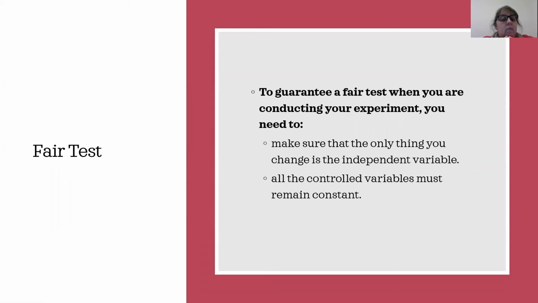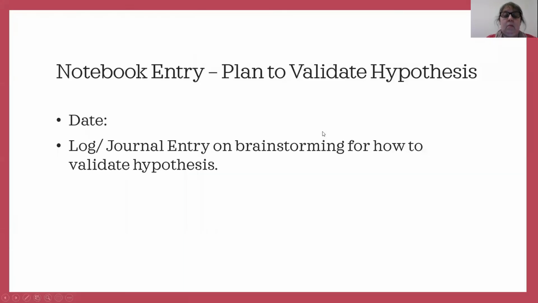The only way you can say scientifically that a change in your independent variable results in a change to your dependent variable is if you keep everything else constant, and that is the definition of a fair test. And it's important that you mention that when you talk to your scientists for your project.